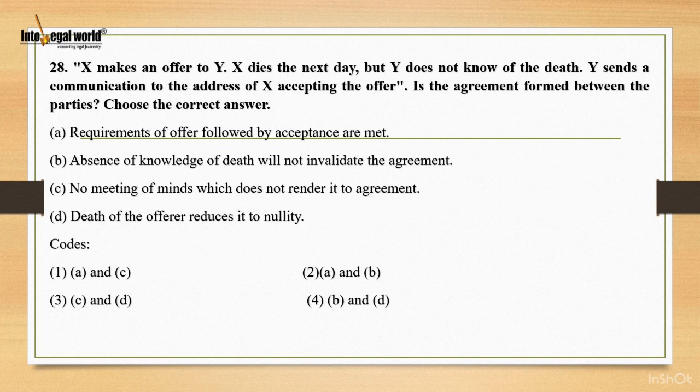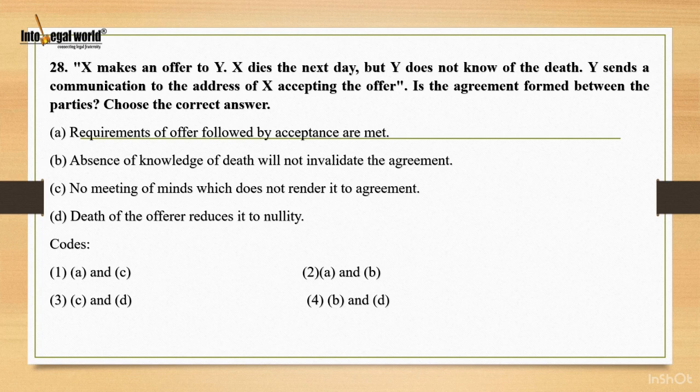Next question 28. X makes an offer to Y. X dies the next day, but Y does not know of the death. Y sends a communication to the address of X accepting the offer. In the agreement formed between the parties, choose the correct answer. So in this situation, X made the offer to Y, but the next day X died, and Y was unaware of his death. Y sent a notice of acceptance to his address.